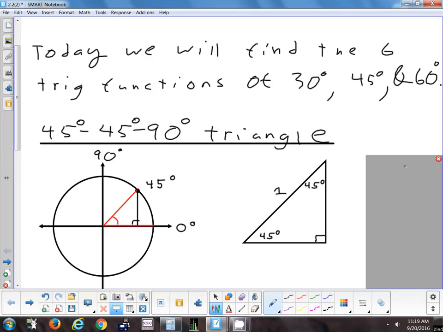Okay, it's a right triangle. Can we be even more specific than a right triangle? It's isosceles. So what does that mean? It has 2 of the same lengths and 1 different. Yeah, 2 sides are the same and 1 side is different. The 2 sides that are the same are across from the 2 angles that are the same. So the bottom side and the height are going to be exactly the same length.